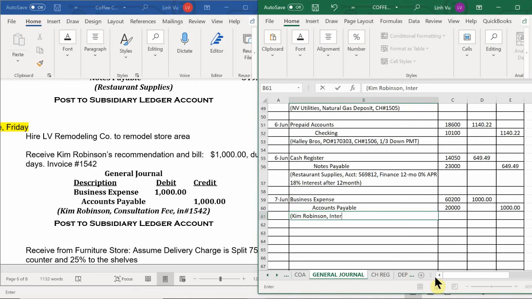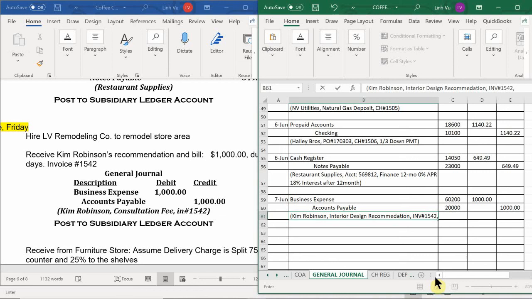For interior design recommendation. And I'm giving an invoice number. What's my invoice number? 1542. And how many days do I have to pay her? 3 days.